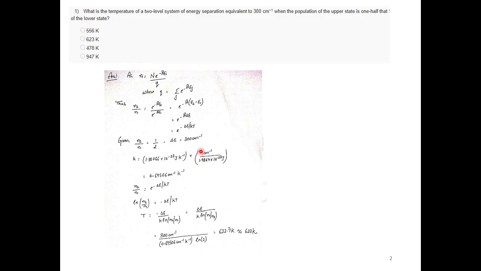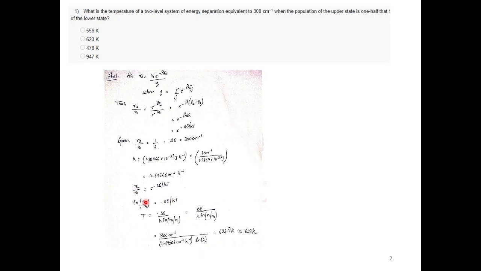This is the value for converting to get the value of k, for centimeter inverse per Kelvin. Since delta epsilon is in centimeter inverse, you need to get the value of k in terms of the reciprocal of distance, that is centimeter inverse. So here k is 0.69506 centimeter inverse per Kelvin, where N2 by N1 is going to be e to the power minus delta epsilon by kBT.